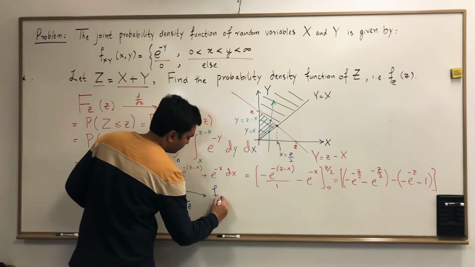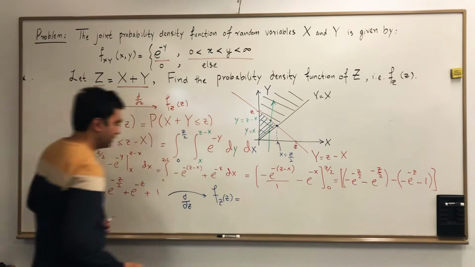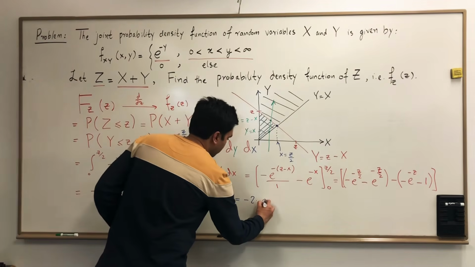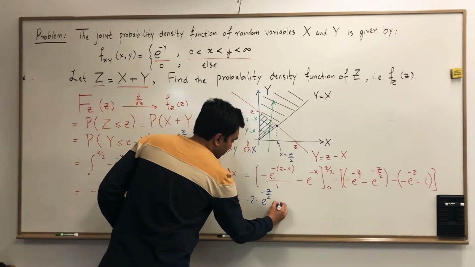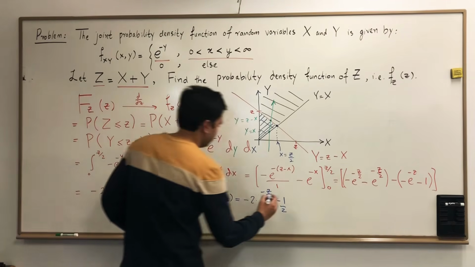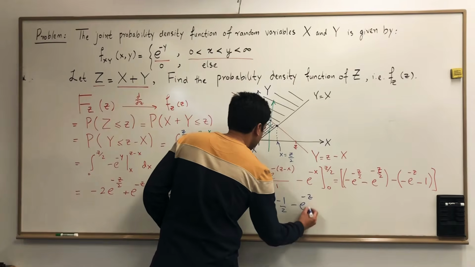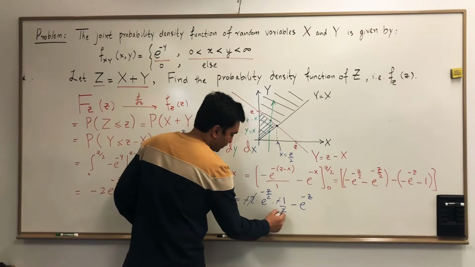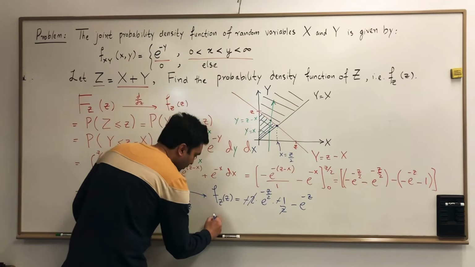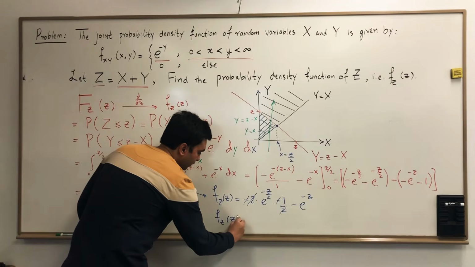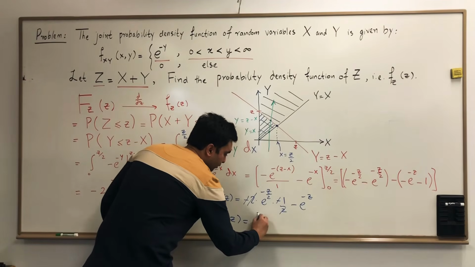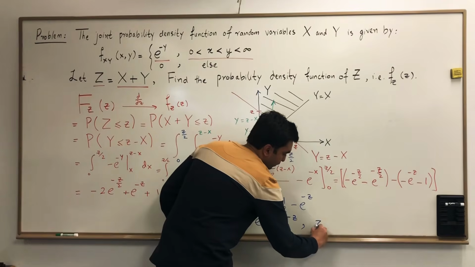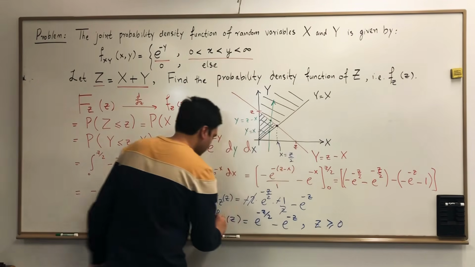So basically f_Z of z would be just the derivative of this, which turns out to be negative 2 times e to the negative z over 2 times negative 1/2, minus e to the negative z plus 0, and this negative cancels out with this, the 2 goes with this, so we are left with f_Z of z is e to the negative z over 2 minus e to the negative z for all z bigger than 0. So this is the final result.